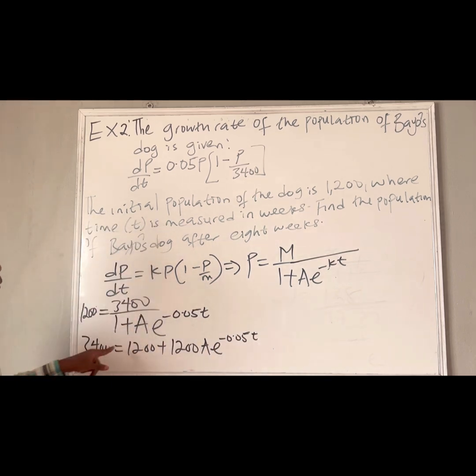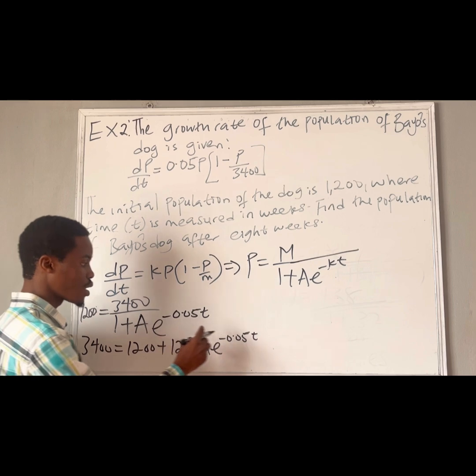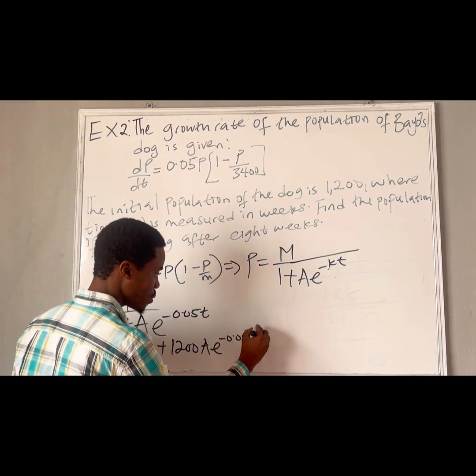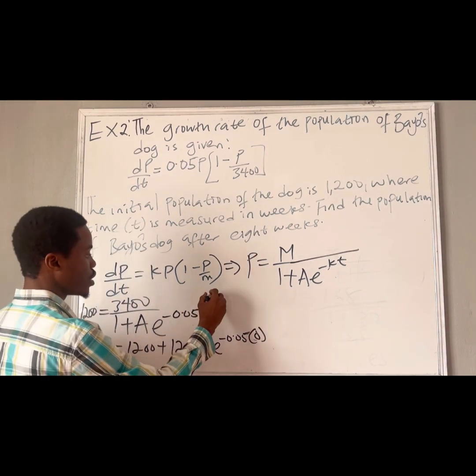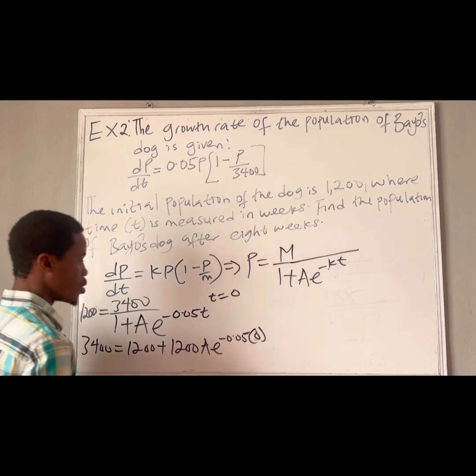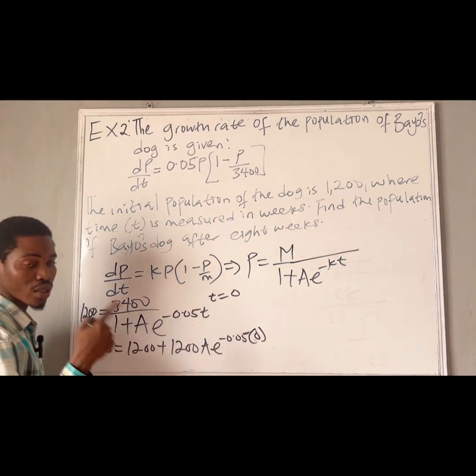Remember, at our initial population, our t will be equal to 0. The initial population, that is our start, is 1,200, so our starting time will be 0. So t is equal to 0, and this multiplied by this gives 0.